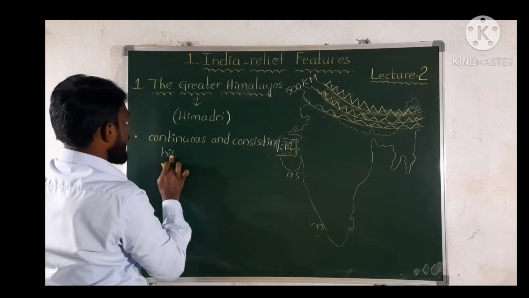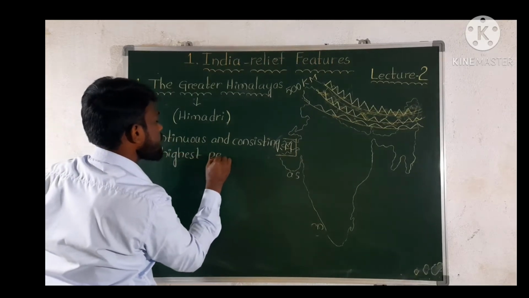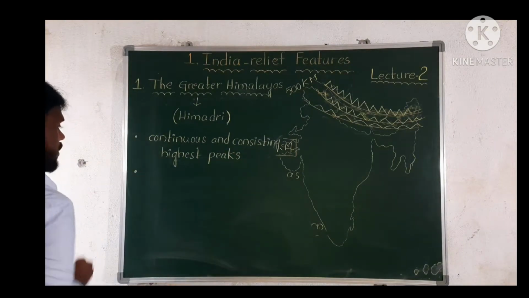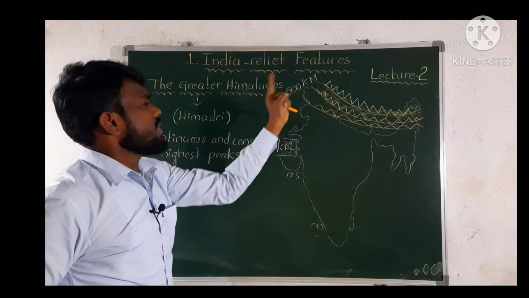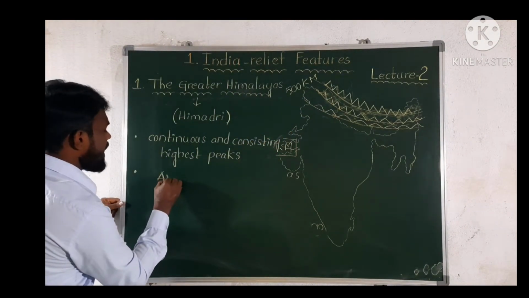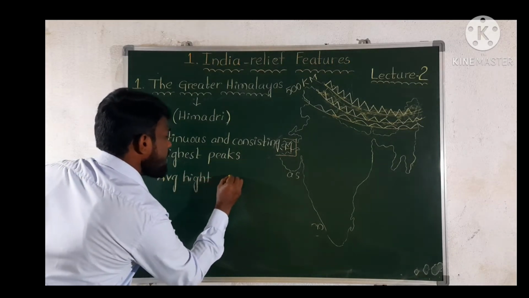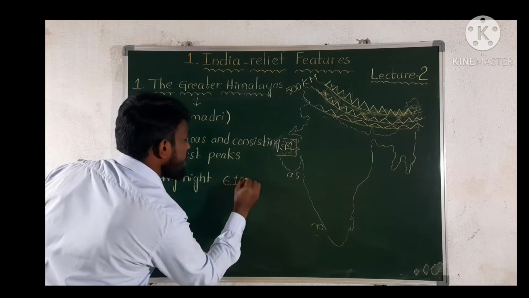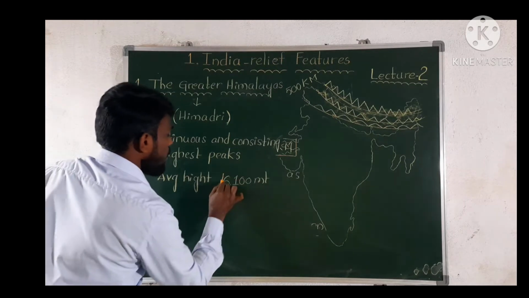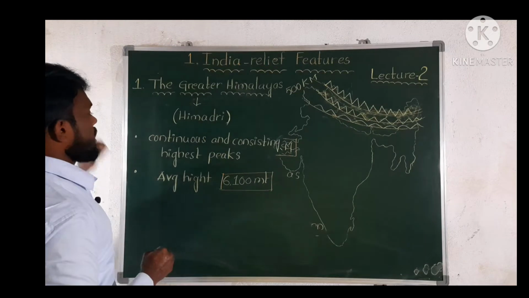Next, the average height of the Greater Himalayas is 6,100 meters.